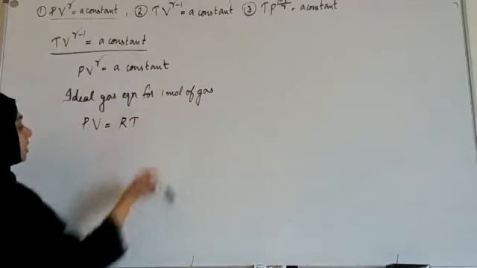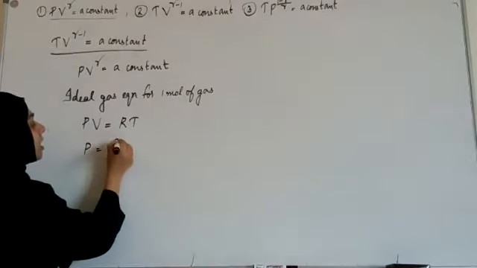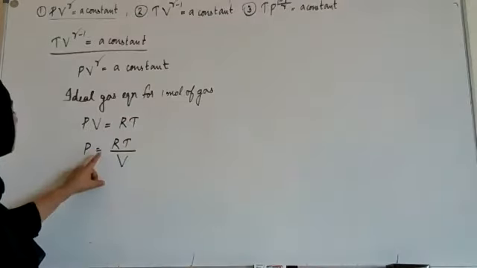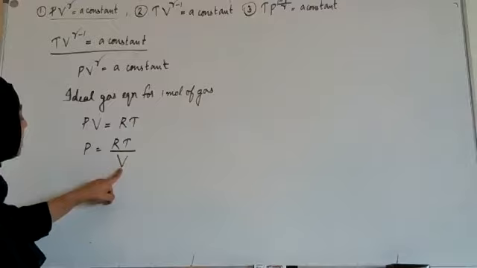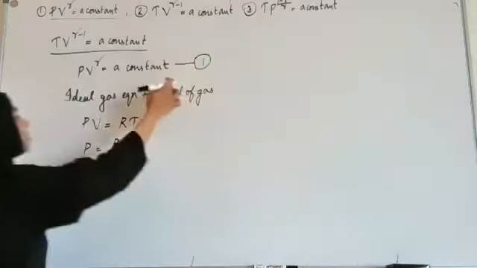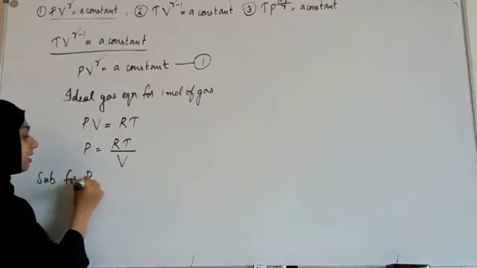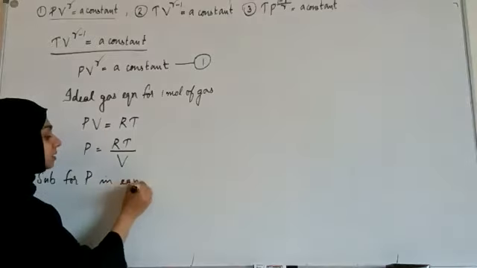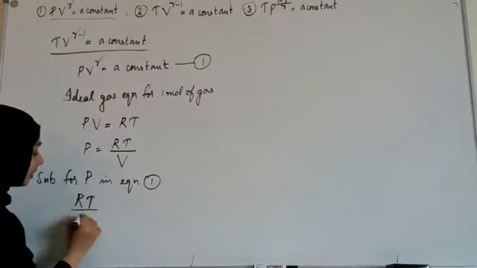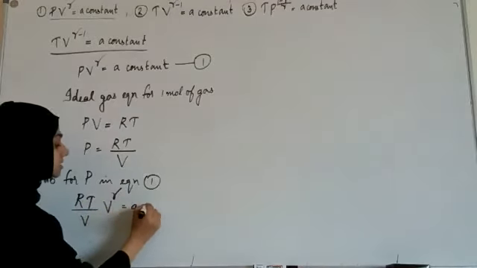So PV is equal to RT, or I can write P is equal to RT by V. So I'm going to substitute this P is equal to RT by V in this equation, so this is equation 1. So substituting for P in equation 1, I will get RT by V times V raised to gamma is a constant.